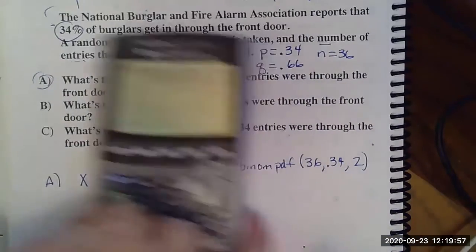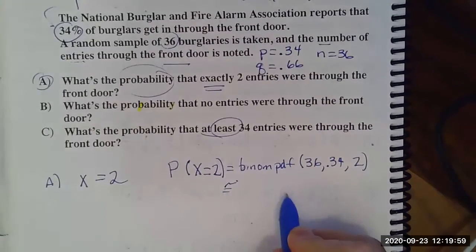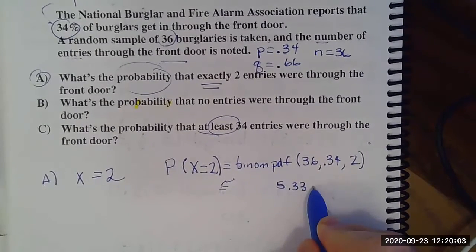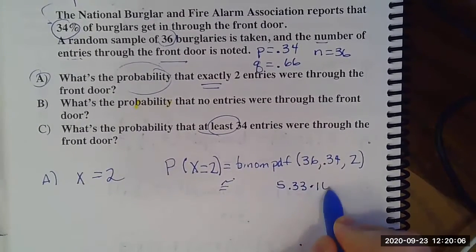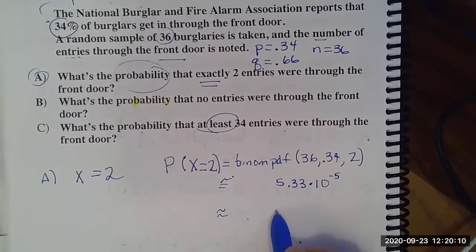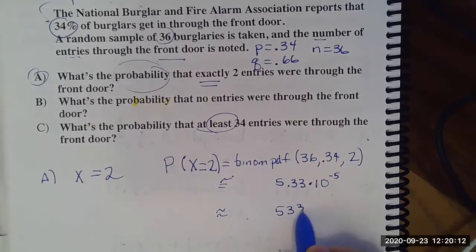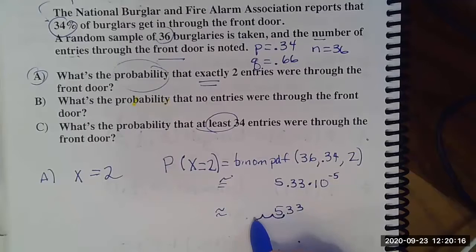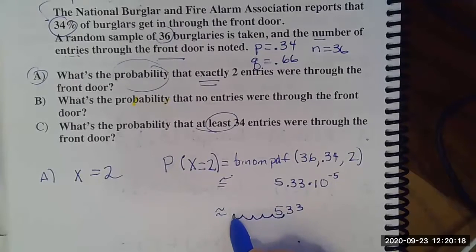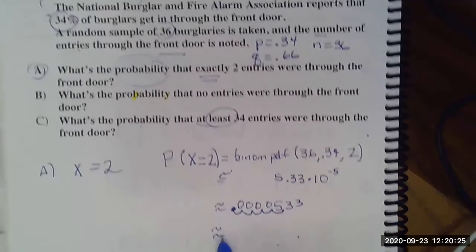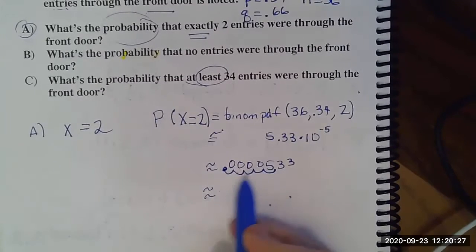So it was 5.33, let's say, and instead of E, I'll put times 10 to the negative 5th. That's the same squiggle squiggle as: take the decimal here and move it over 1, 2, 3, 4, 5. Put a decimal right there and fill the hoops with zeros.